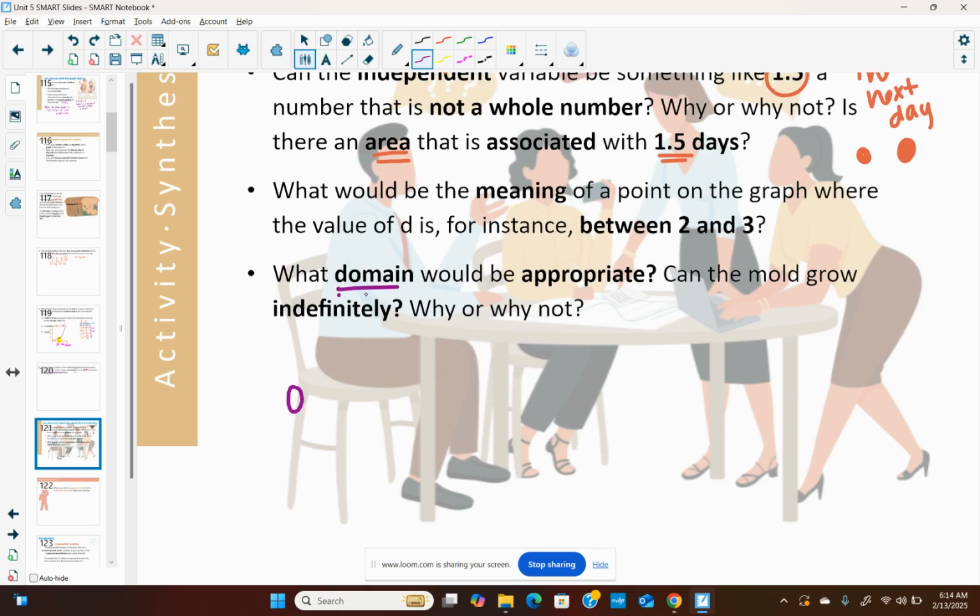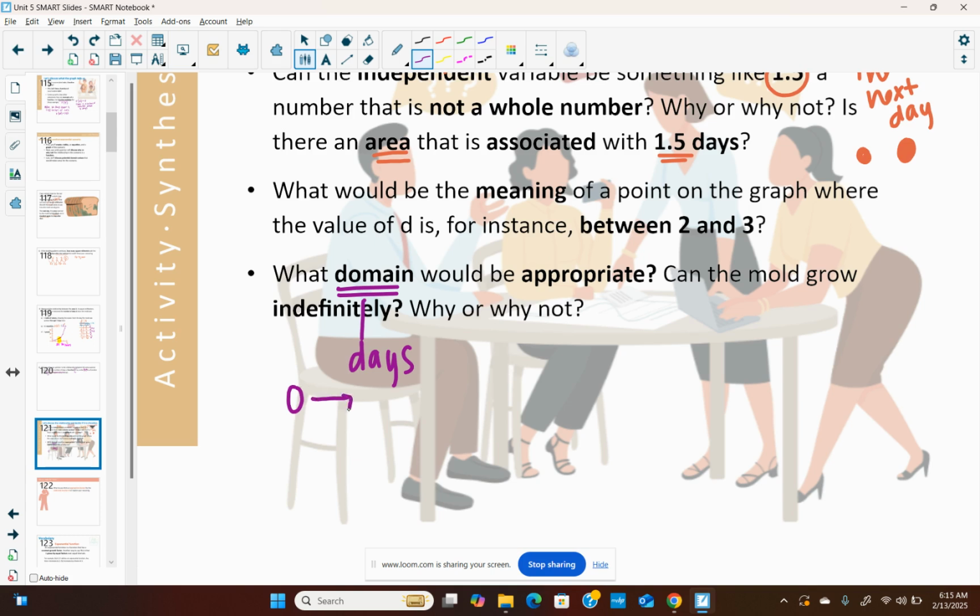So remember that our domain is our independent variable, in this case, days. So starting at 0 until something. So far we're at 32 days, and that's giving us 32 square centimeters of space. So it really depends on how big this slice of bread is, because the bread is going to matter.